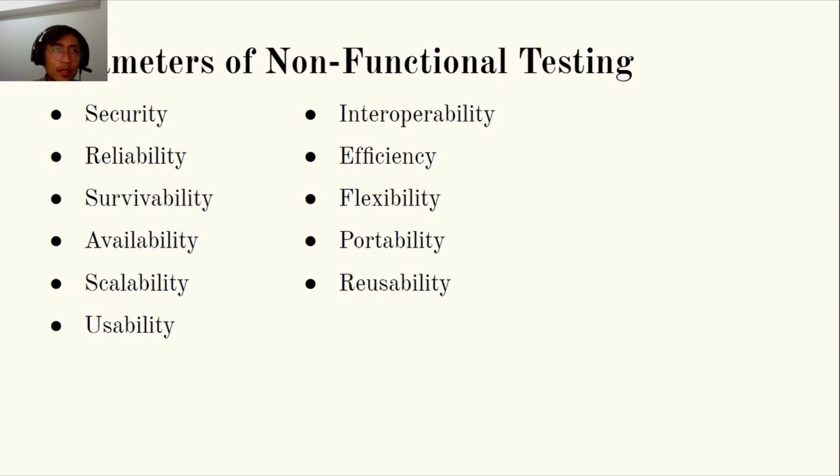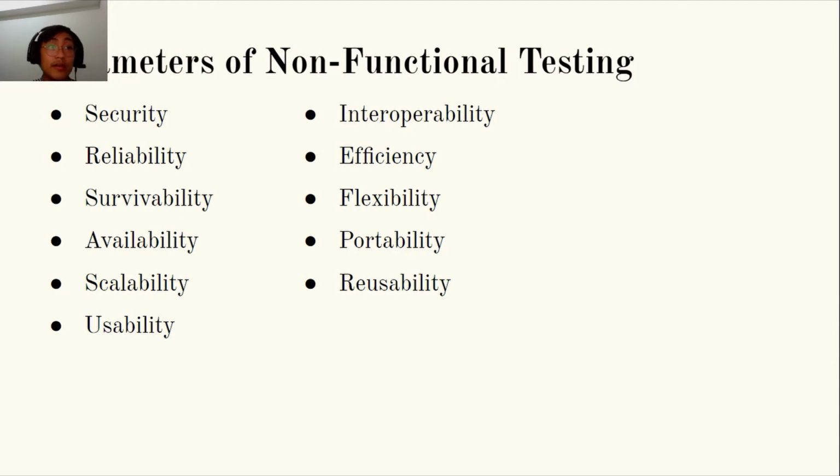This parameter is the extent to which any software system continuously performs the specified function without failure. This is carried out by reliability testing. Next is survivability. This parameter checks whether the software system continues to function and recover itself in case of system failure. This is checked by recovery testing.